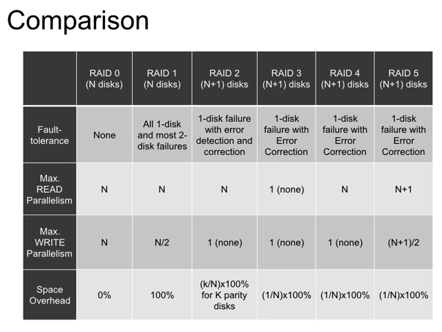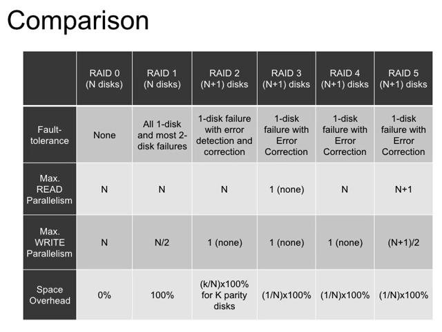With RAID 3, you can perform only one read or one write operation at a time because each block is fragmented across several disks. With RAID 4, you can perform n reads at a time, but you can only perform one write operation at a time because the parity disk is a bottleneck for write operations.